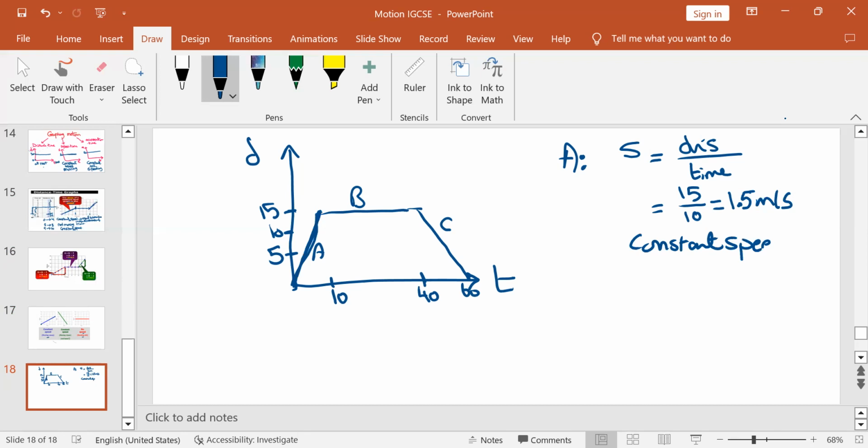What does constant speed mean? Equal. The body covers equal distance in equal intervals of time. Okay. What about section B?